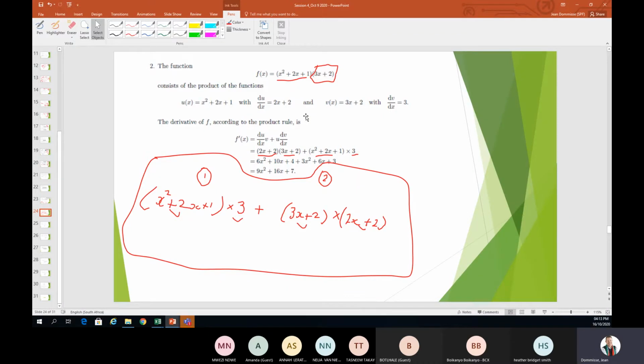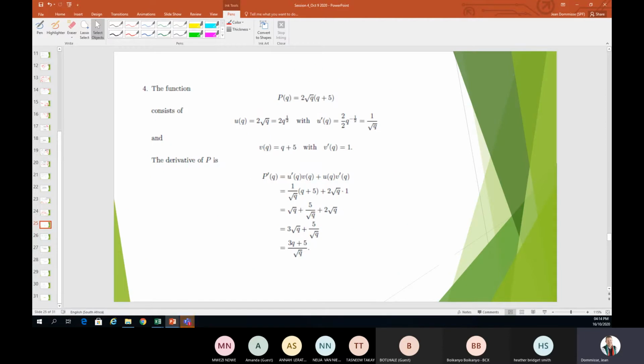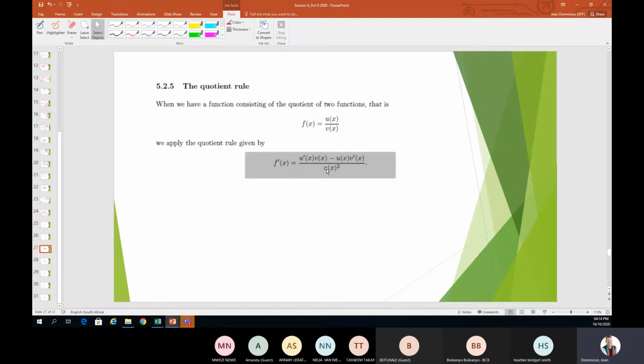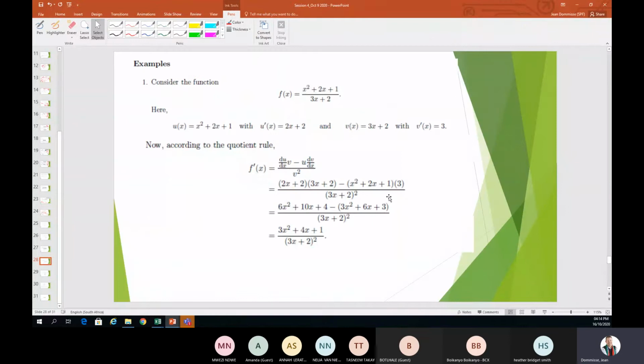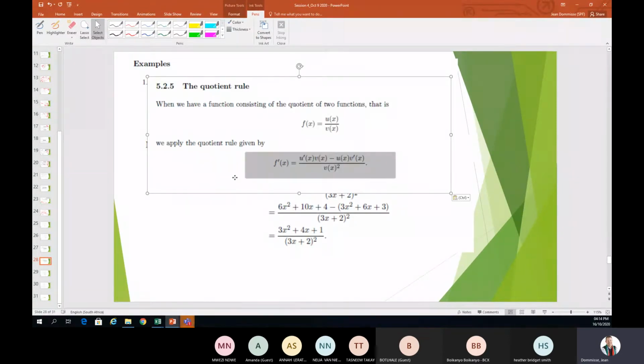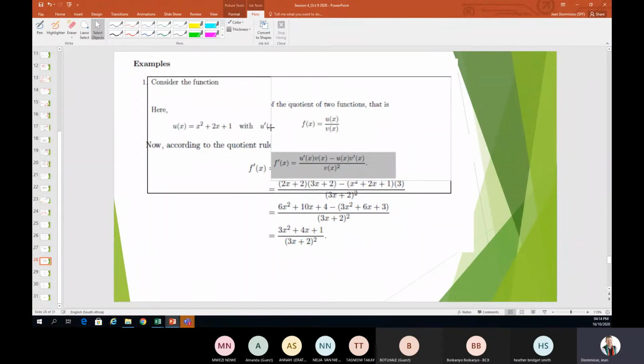So let's do that, and then let's go into the next one, the quotient rule. And let me also copy that into this so that we have it with us when we do it.